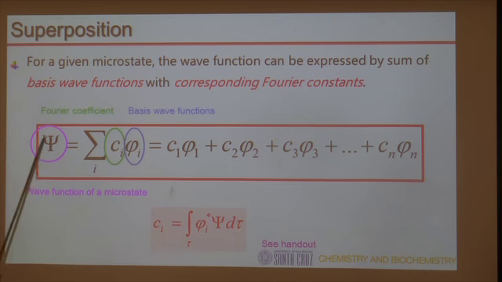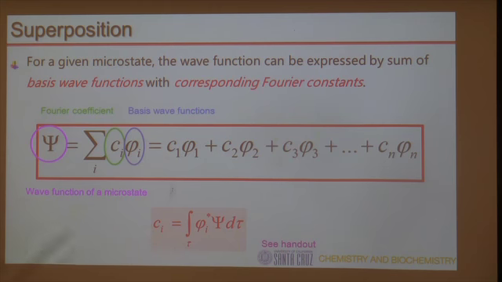Here, the first one is the total wave function as its complex conjugate, and you can choose each basis wave function. If you want to get c_1, you choose the basis wave function psi_1. If you want to get c_2, you choose psi_2. You evaluate that, and you can check the handout for the proof of why this is true.